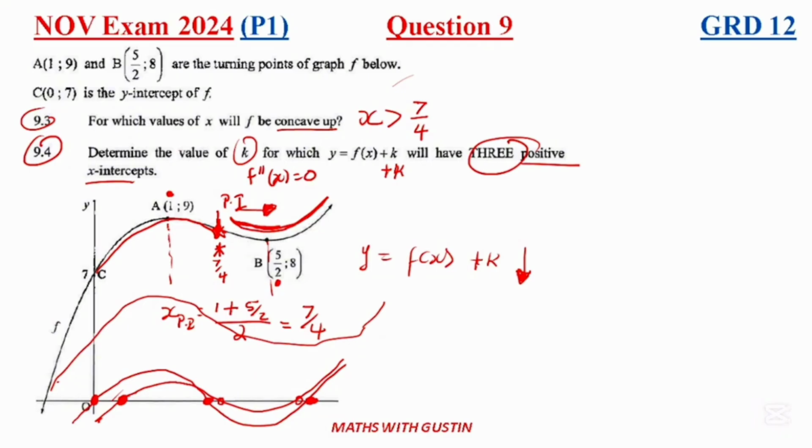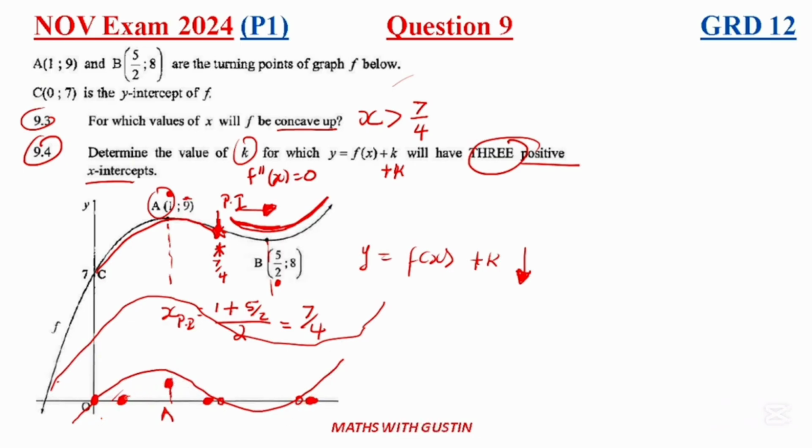So it's gonna move down, and eventually when it gets somewhere here, it's going to start affecting the x values. Okay, so if we move it down up until this point here, you can see that we would have moved this turning point, the point A. If we were to put the point A here, we can't allow A to have a 0 value here on the y-axis, because now it's going to touch twice. Okay, can you see that it's going to touch twice? If we were to move this thing down again, it's going to touch twice.